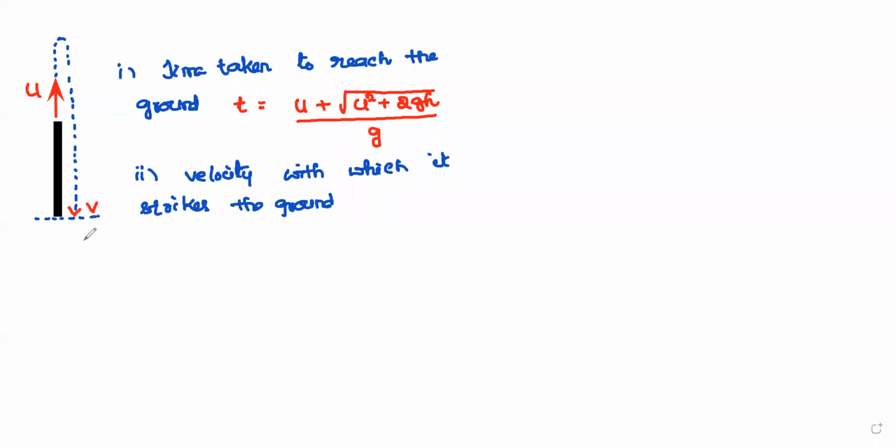The derived formula I'm asking, velocity with which it strikes the ground, v is equals to, we derived one formula, that is root over u square plus 2gh. So u square plus 2gh, this is one formula we got. Yes, Satvik. Any doubt, Nana?